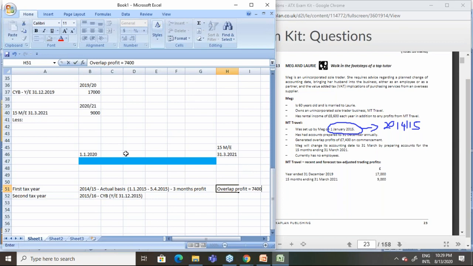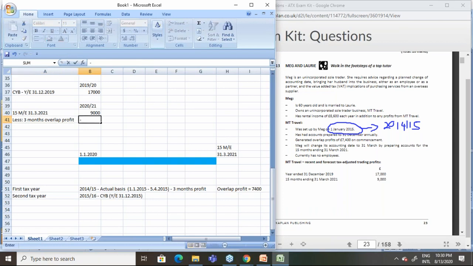How can you do that? If you have any overlap profit, that overlap profit can be used to reduce the 15-month period to 12 months. So overlap profit here is exactly for 3 months. Therefore, what you can do is use the 3 months overlap profit and bring the assessable period to 12 months.